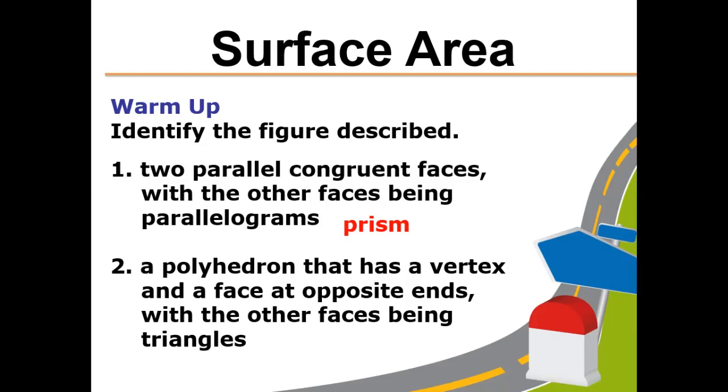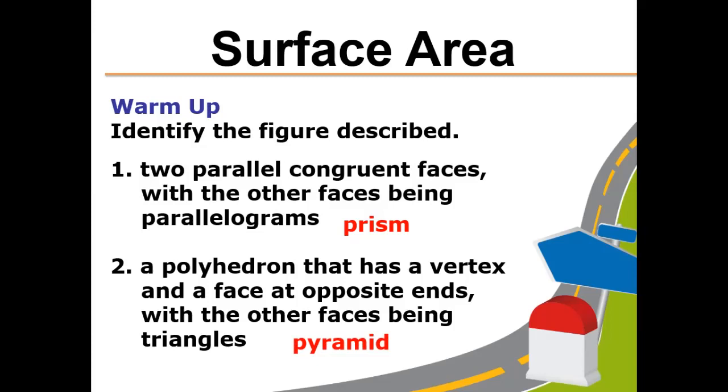Polyhedron that has a vertex and a face at opposite ends with the other faces being triangles. Did you write pyramid? If yes, that's right. The pyramid is a 3-dimensional shape that has a vertex and a face at the opposite end, with the other faces being triangles.